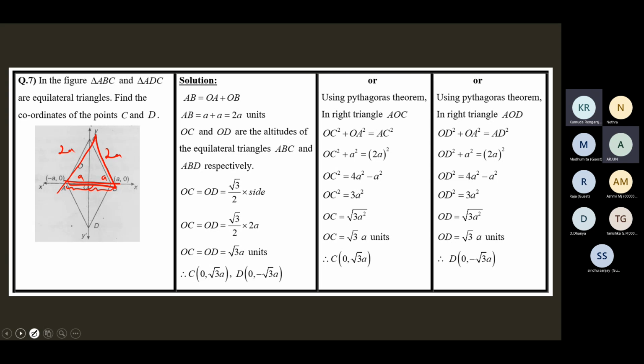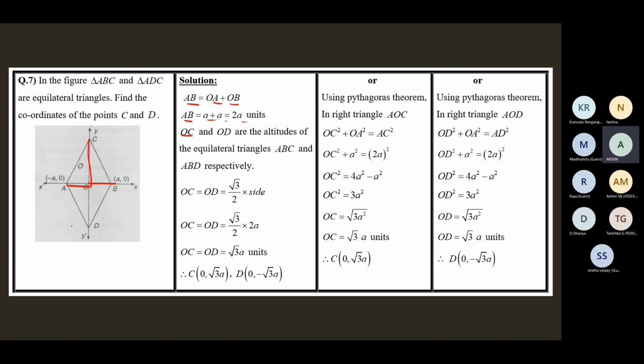And then how do you find the altitude? Because this is the altitude of the triangle. OC is the altitude. We have to find OC or CO. This one is a units, this one is a units. So 2a units. See here, AB is equal to OA plus OB, correct? AB is equal to a plus a, 2a units. What are OC and OD?